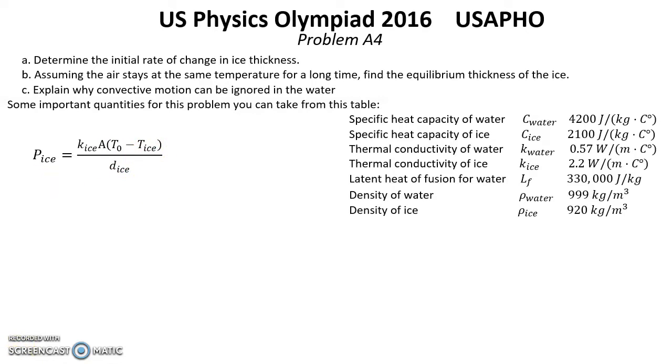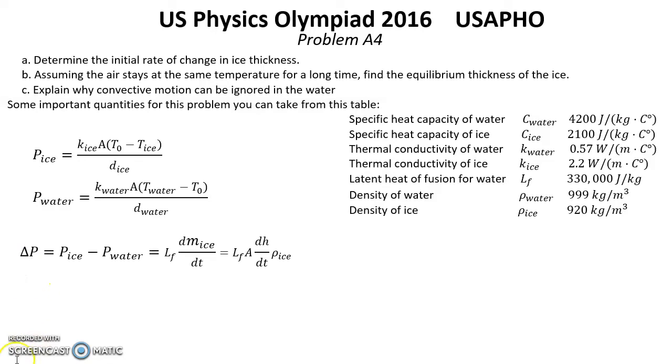The other power is going from the bottom of the water to the border between water and ice, and that is equal to this expression. Here T water is positive 4 degrees, and T0 again is 0 degrees Celsius.